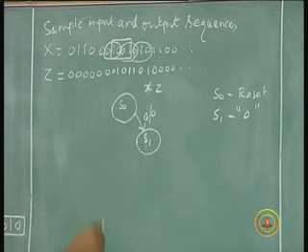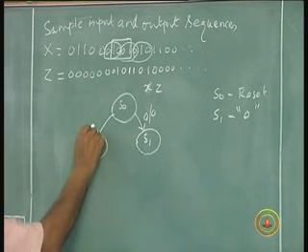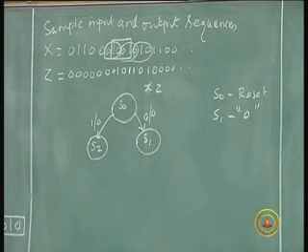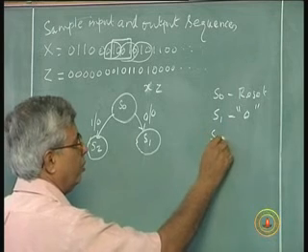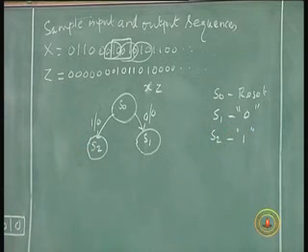If it's a 1, another state, x is 1, z is 0, output is 0. This state 1 would have been registered or memorized or recognized, whatever you want to call it.